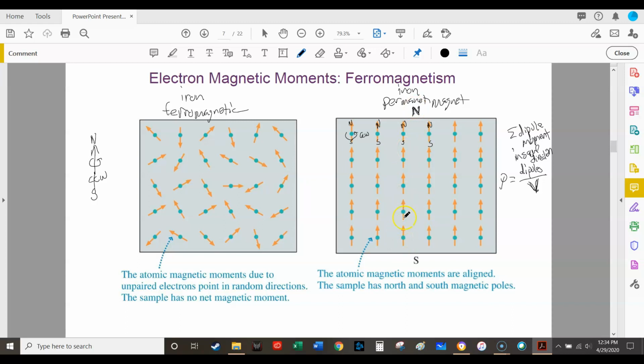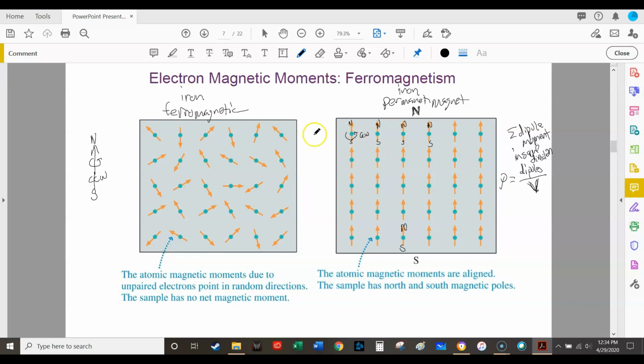And if the bottom of the spin is south, so this is south down here and that's north up there, then that means this is going to be the south direction, right? And these are called dipoles, meaning two poles, north and south. You always have to have a north and a south. You can't just have a north. If there's a north, there's got to be a south.